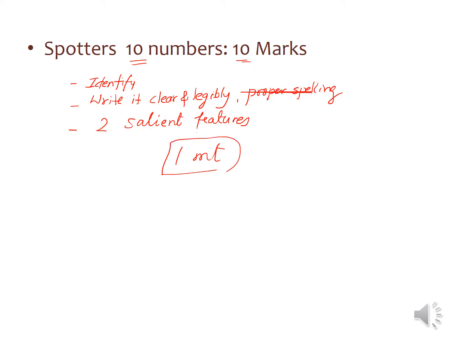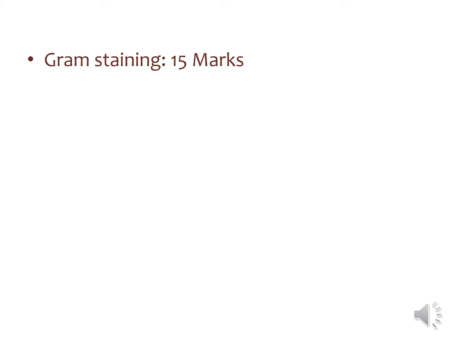So don't forget to write the name with proper spelling and 2 salient features. If you don't write the salient features, you will get only half mark. Don't expect 1 mark without writing the salient features of the spotter. This is always for 15 marks.